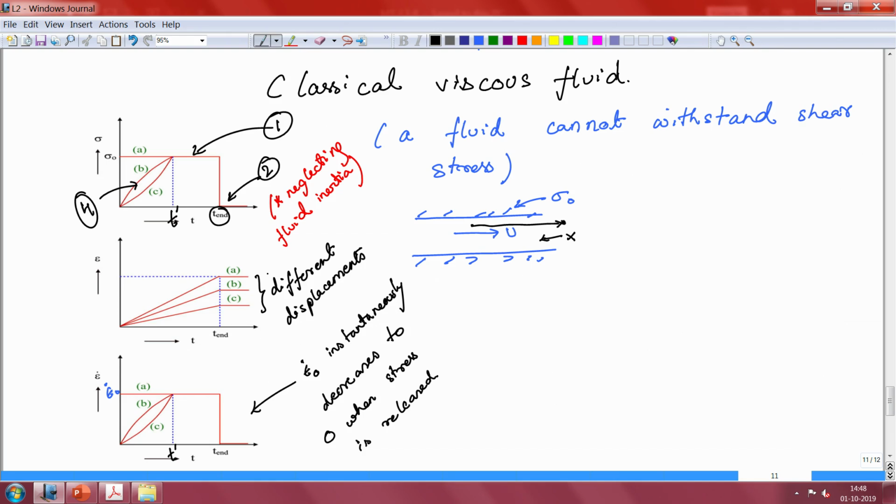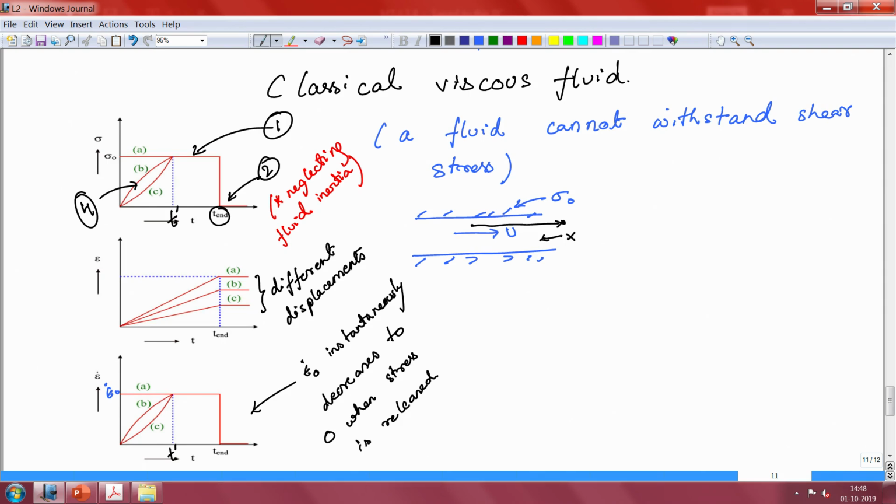Since they have reached different displacements, the fluid is going to continue remaining in the state of that displacement forever, till you again apply some known force. So, we have been able to discuss the 4 different cases.